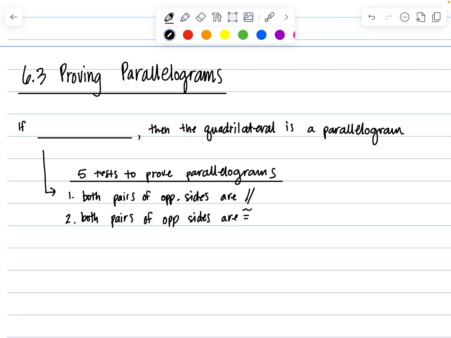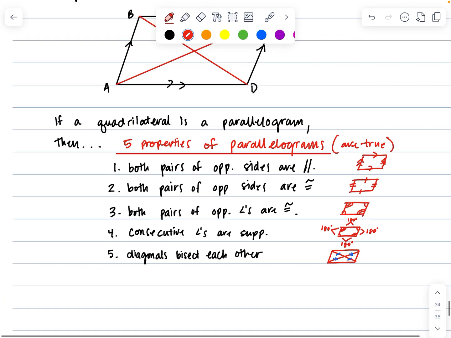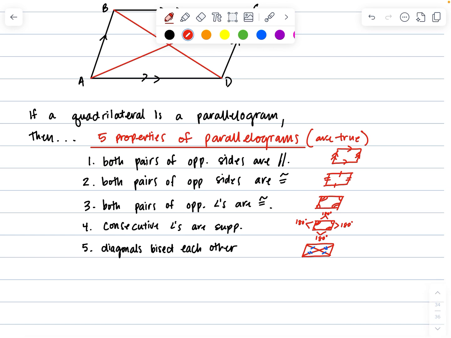So notice right away that these first 2 are, I'm going to put this in red, exactly like the first 2 we have for properties of parallelograms.